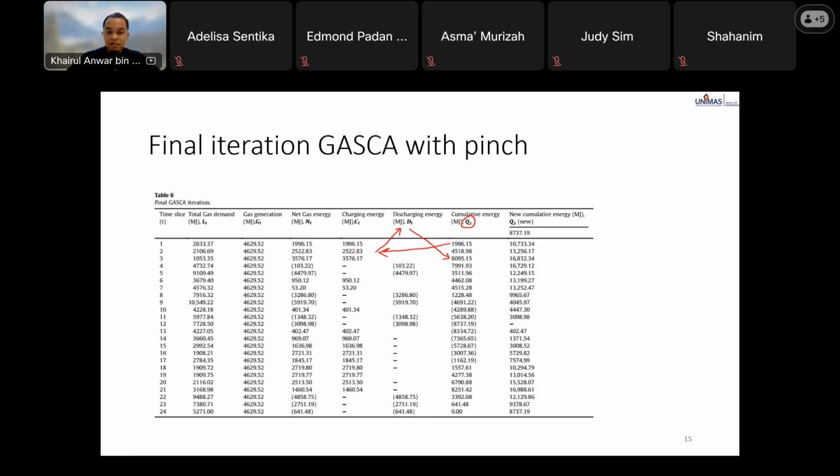1996 plus 2522 plus DT, which is no value, you get 4095.